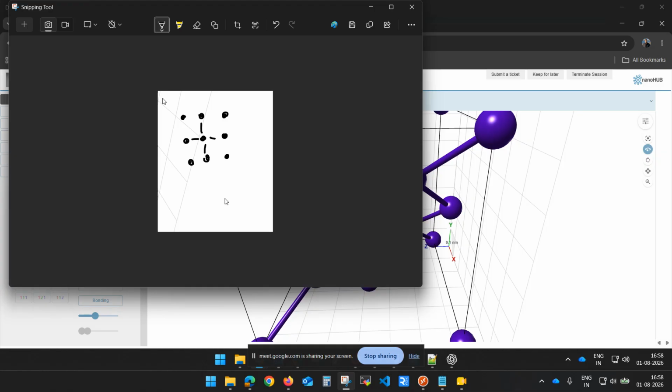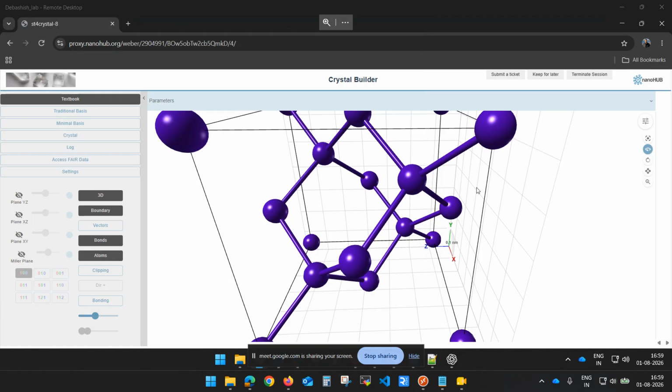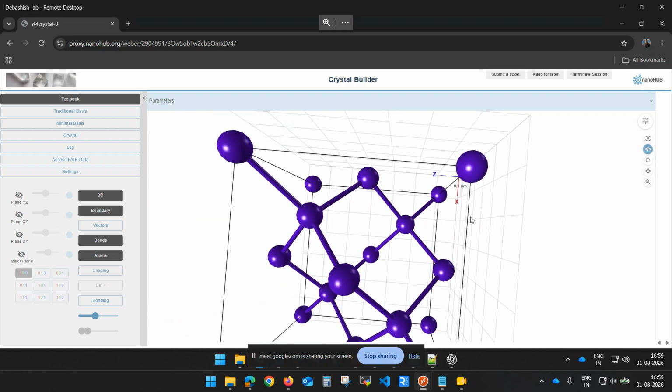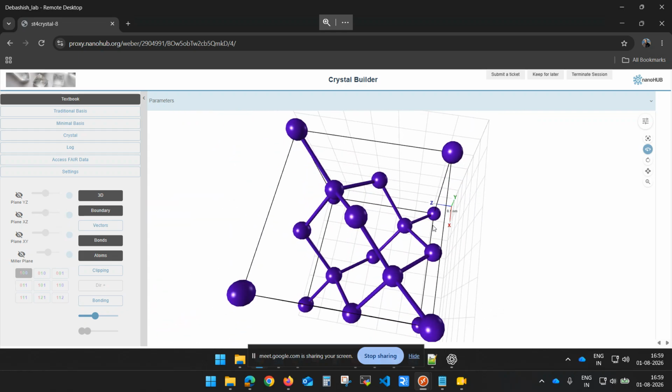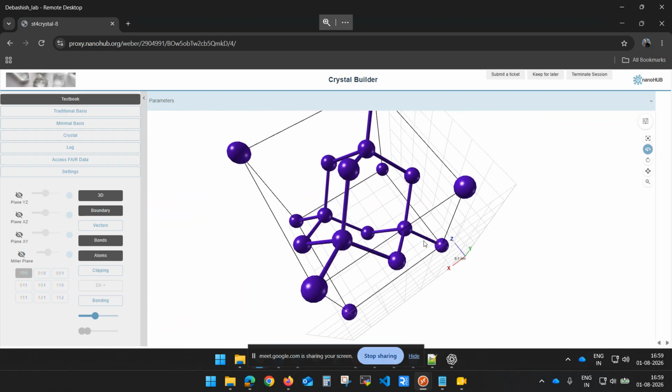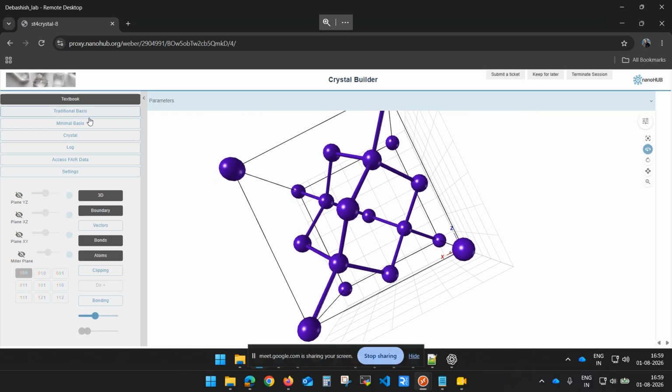Do you agree or not? This is how we look at it, right? In the bond model, one silicon is connected to the adjacent 4 atoms. So what does that mean basically? Let me just show you how you can visualize that.